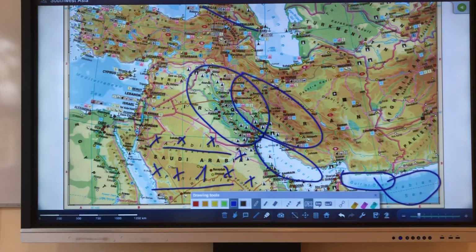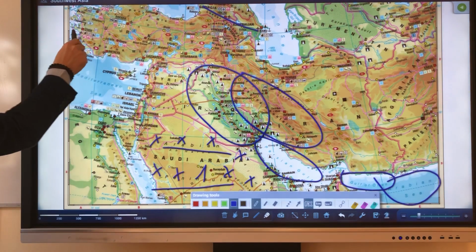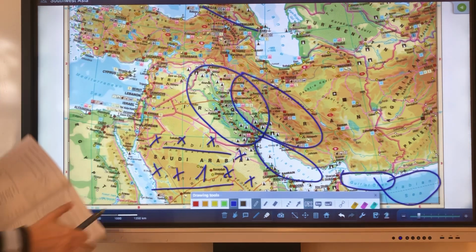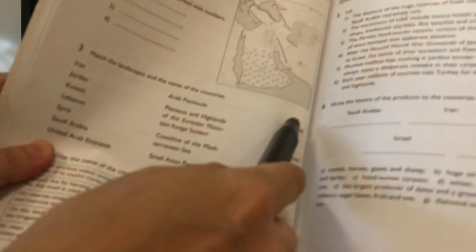Or let's see, Turkey on the other side. Please check that. Turkey is mostly in Minor Asia. So basically, there's the small Asian peninsula written here. I would be happier to see the geographical name Minor Asia, but they use this one. So you match Turkey with the last thing here.